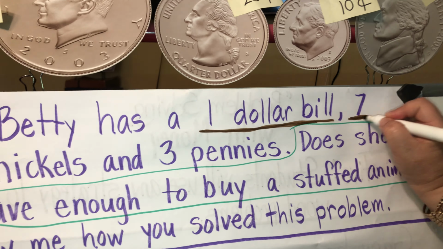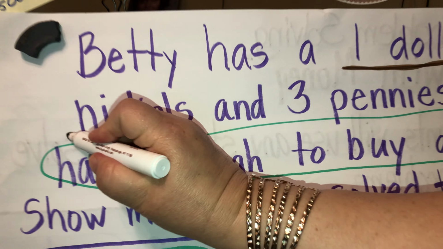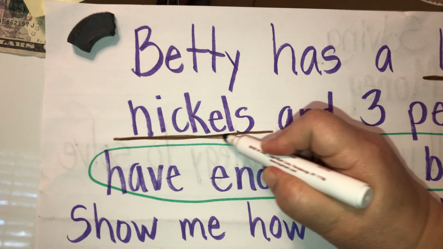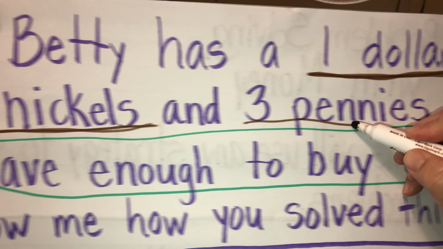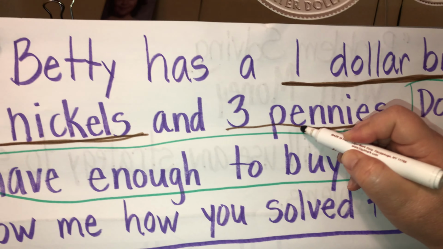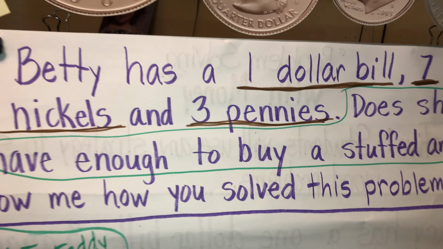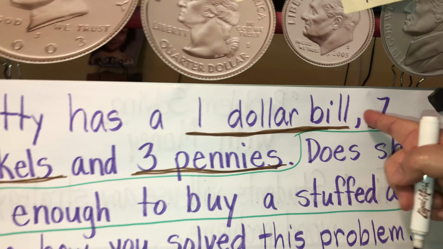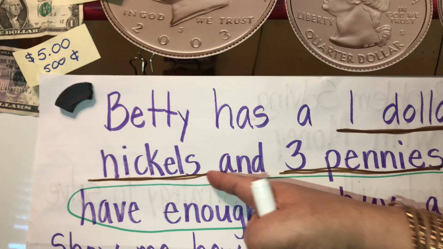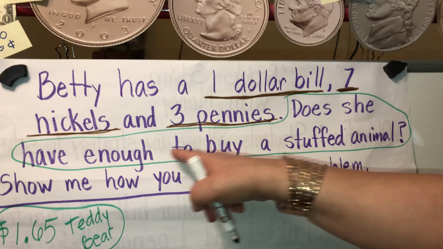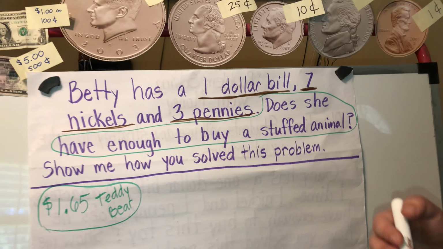She has 7 nickels. And she has 3 pennies. So Betty has a $1 bill, 7 nickels, and 3 pennies. Does she have enough to buy a stuffed animal?